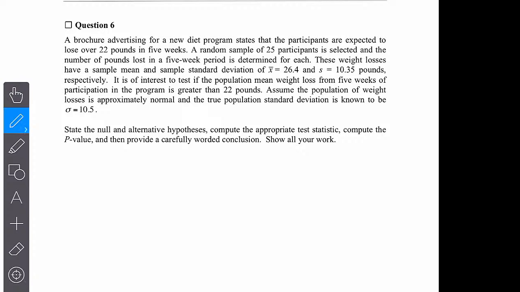Alright, so this is a problem of inference. This is a hypothesis test, which I always express, and it's for means.